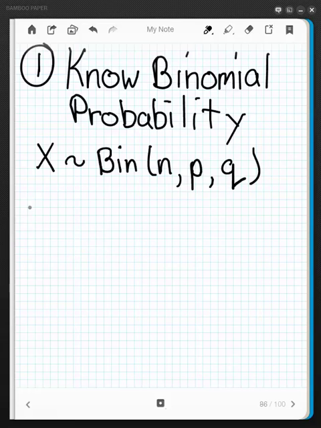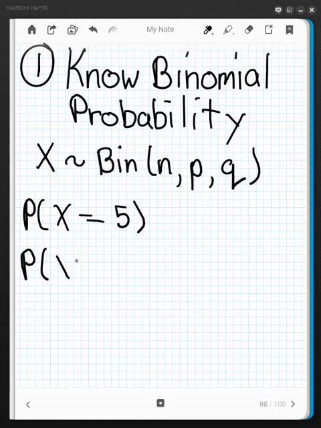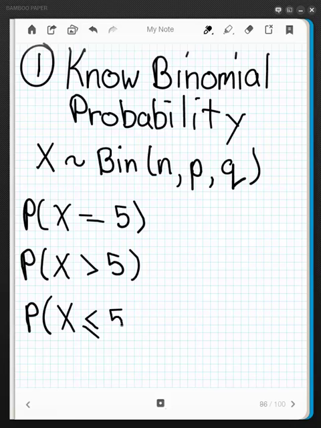And I need you to know how to find the probability that x is equal to some value, let's call it 5. I need you to know how to find the probability that x is greater than 5, and the probability that x is less than or equal to 5.